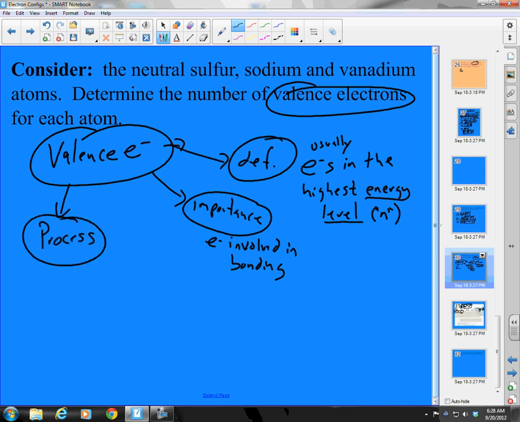The process is: one, find your outer electron configuration; two, identify the highest n, and count the electrons in the highest n.